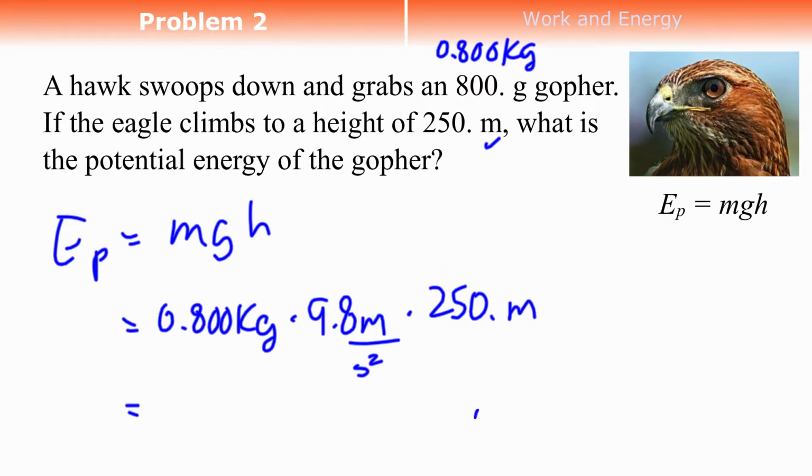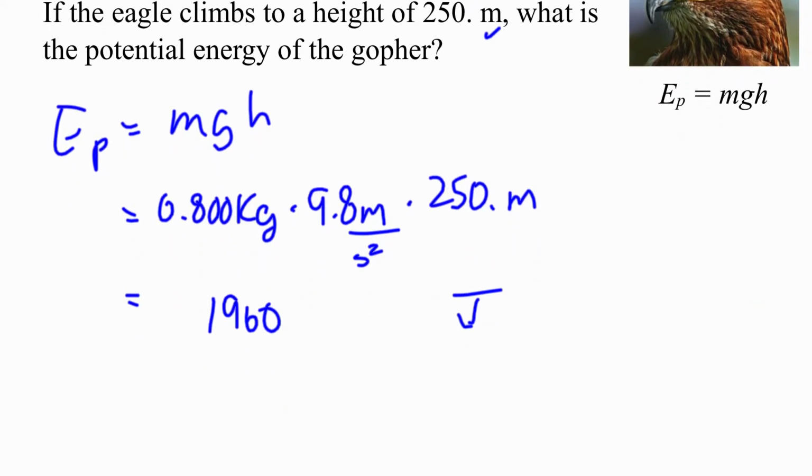Okay, I know that's going to come out in joules because I've used all the proper units. So 0.800 times 9.8 times 250 meters up, 1960. 1960 joules of energy. That's how much potential energy that gopher will have.